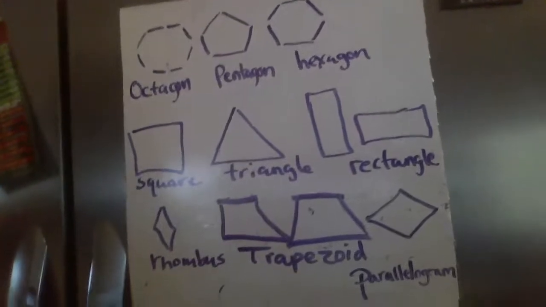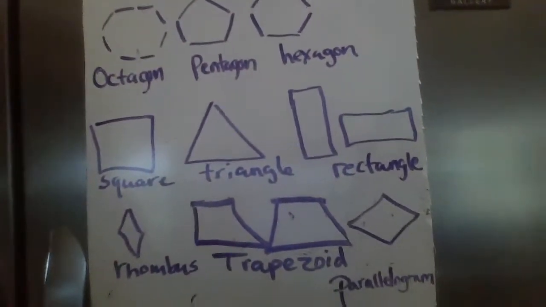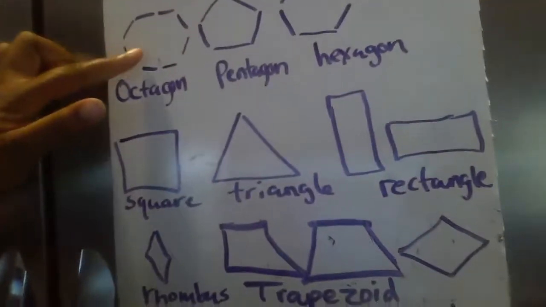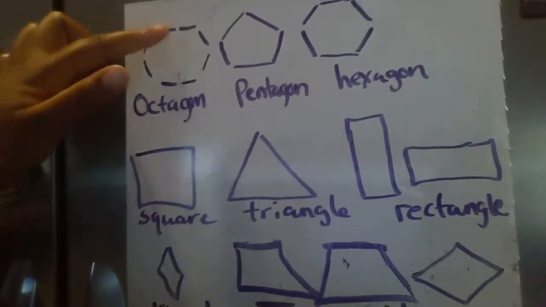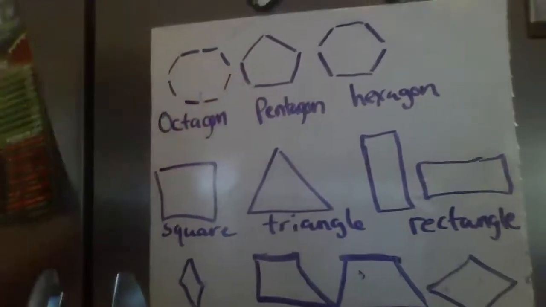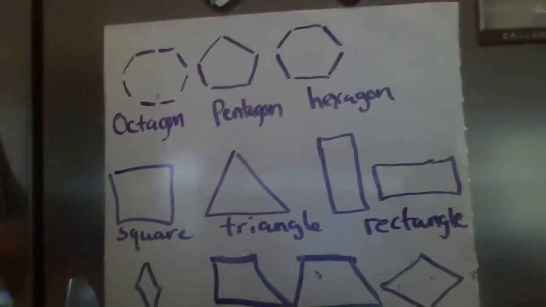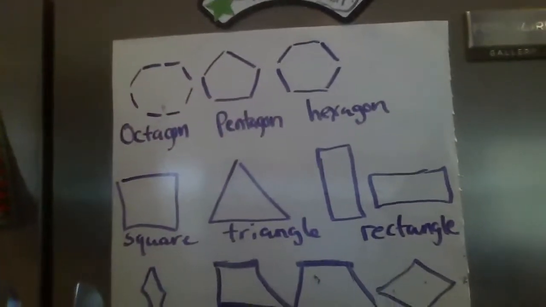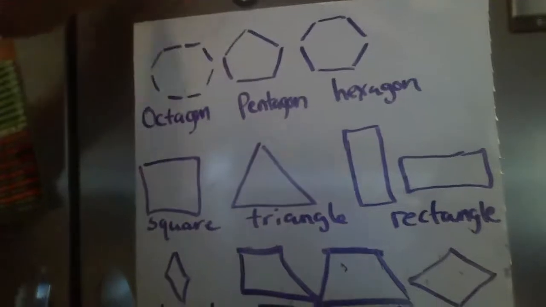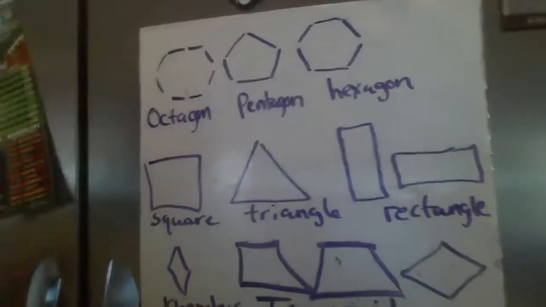I'll start here at the top, and you might notice a pattern between the gons. This is an octagon, which has 8 sides. Then a pentagon and a hexagon. A little difference there: this one has 8 sides, this one has 5, this one has 6.